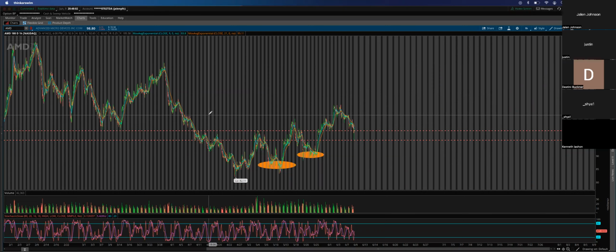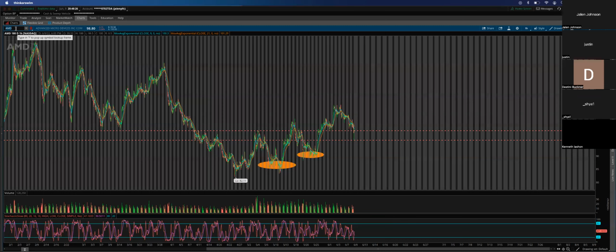Just that was the gap I was talking about. Let me run back to this real quick so I can see. Actually, let me just look at it. The reason why I don't like this zone just yet is because it never really made a nice impulsive move down.